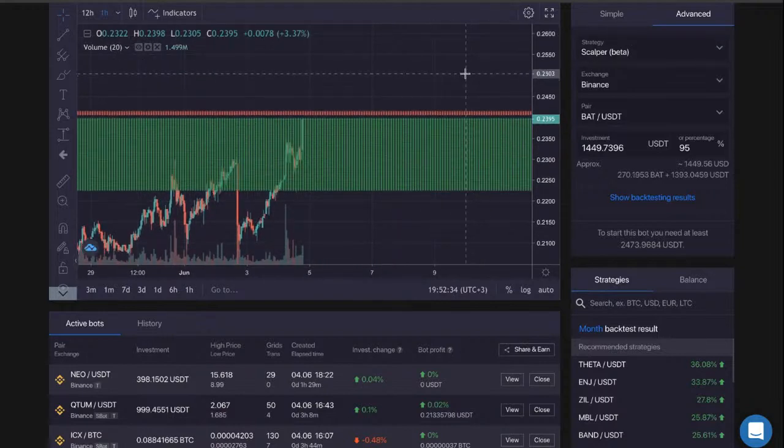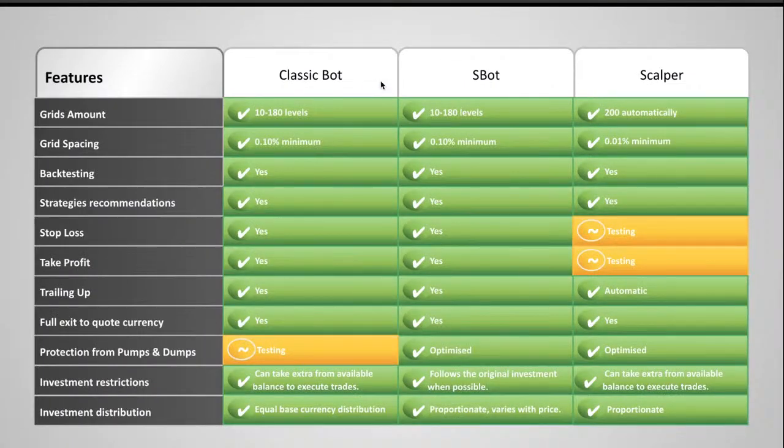But for now, you see that it's predefined, and in 5 minutes I will show you optimal market scenarios to use this setup. You see the grid spacing minimum, we have that value for the classic, for the S-bot, and for the scalper, because of its nature, that's why it's called scalper, because it has an even higher level of high frequency trading, and it has, in this case, more narrow grid spacing, which gives you increased chances of taking advantage of almost all market swings that occur on the market.